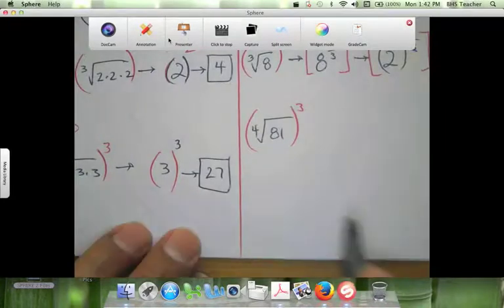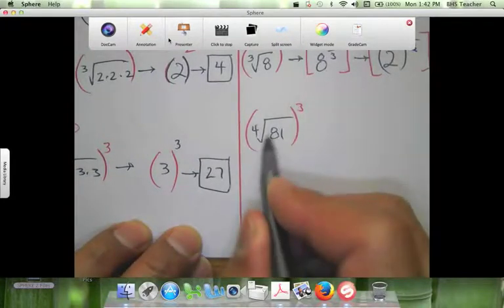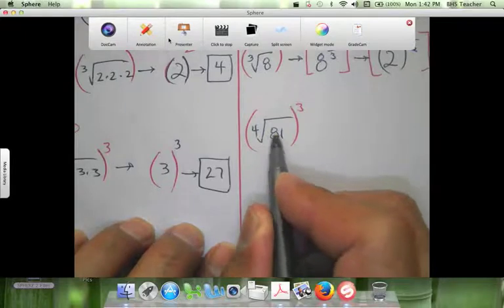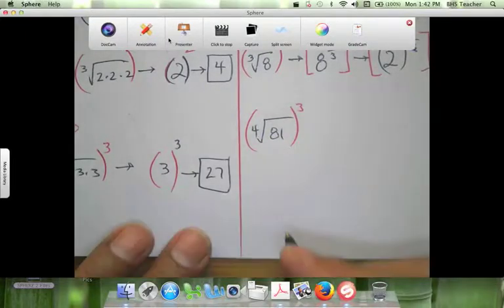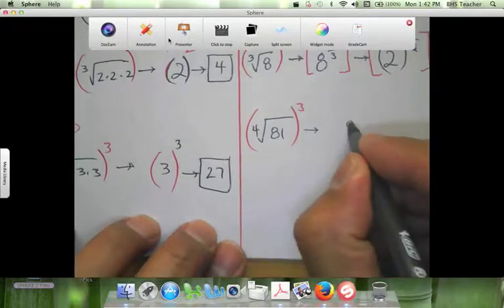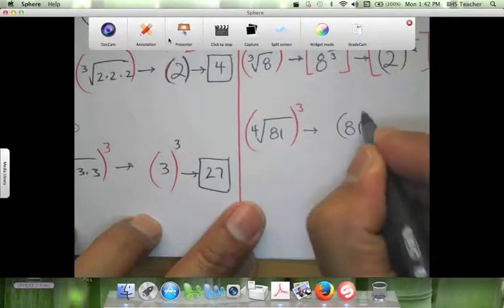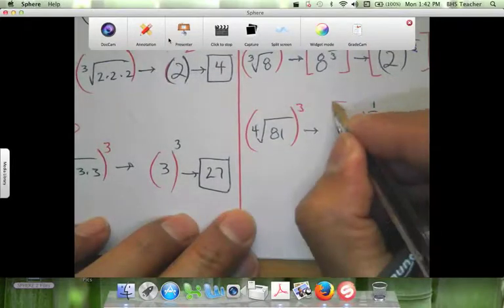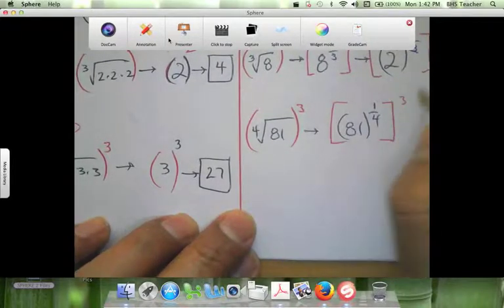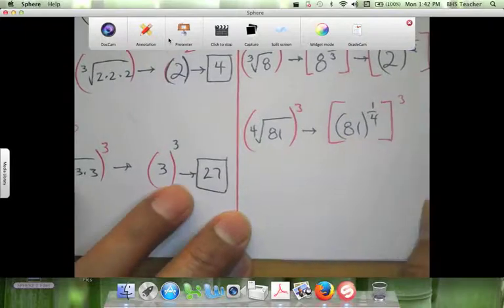Well, you are going to use your calculator to help you know that the fourth root of 81 is 3, but that you should understand is, well, first let's change this. 81 to the power of 1/4. The 3 is still out here. Leave that for last. We're working on the inside. Do the inside first.